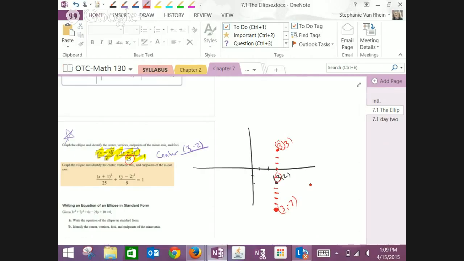That distance is A. This is A, because A is always larger than B. So the major axis is the y-axis, means it's parallel to the y-axis. So this distance is 5. What is going to be the distance on the minor axis? 4 units, right? Because B here is 4. So I go 1, 2, 3, 4. 1, 2, 3, 4.